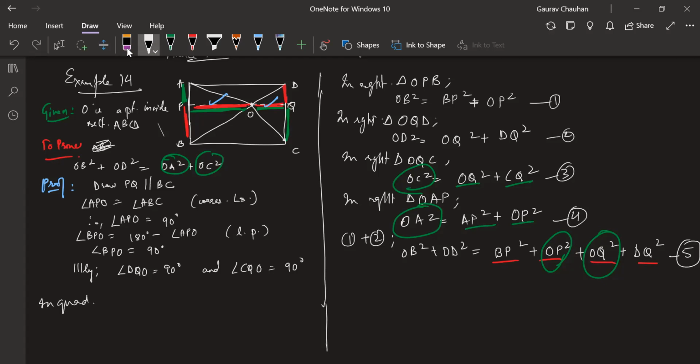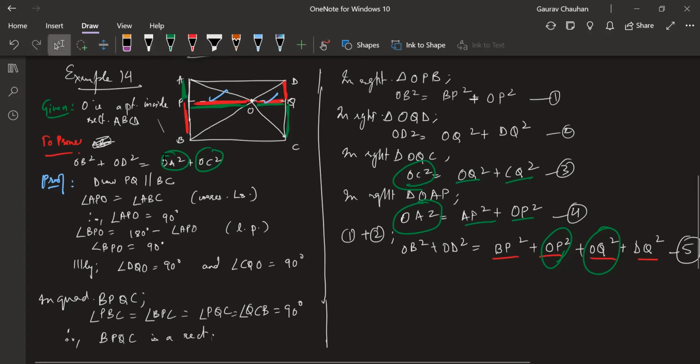In quadrilateral BPQC, angle PBC is equal to angle BPC is equal to angle PQC is equal to angle QCB is equal to 90 degree, shown above. This is already done. Therefore, BPQC is a rectangle, because all four interior angles are 90.